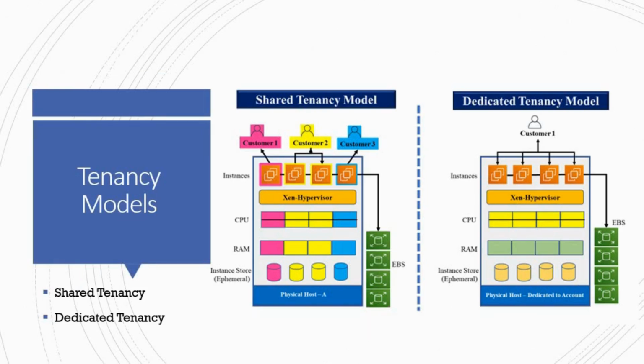So the tenancy models, we have two models: shared tenancy and dedicated tenancy. In the diagram, you can see the difference in the shared tenancy model. They mention a physical host.